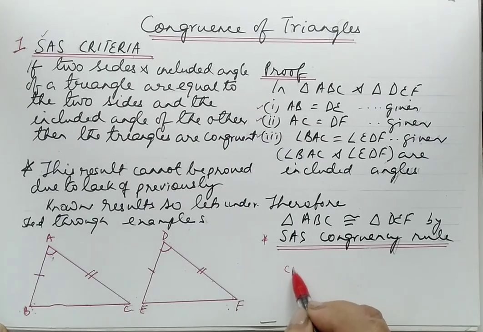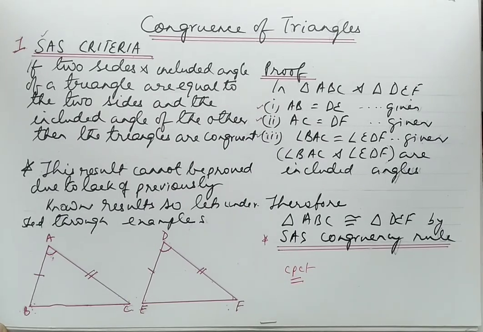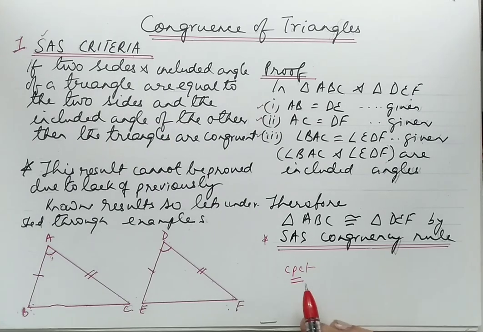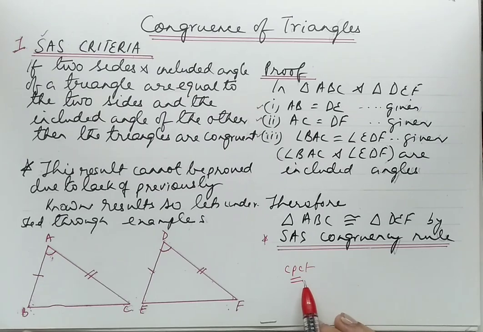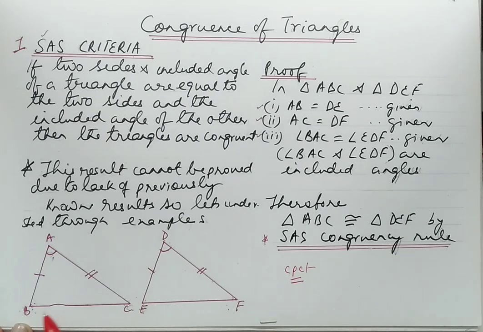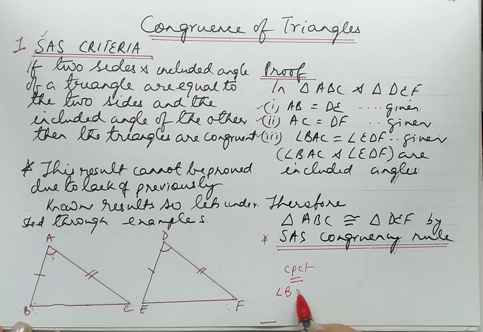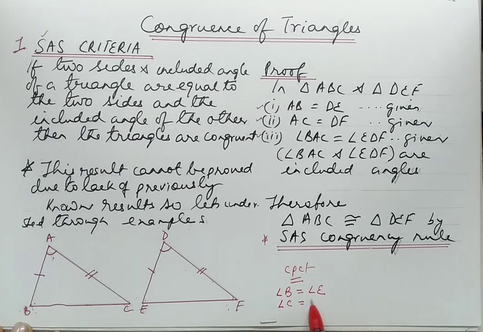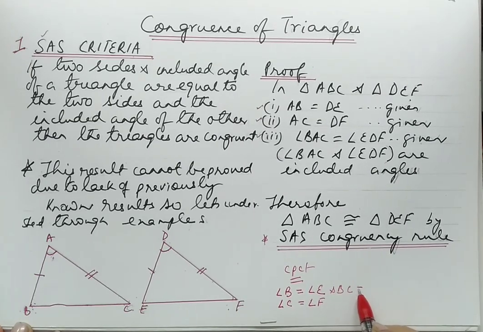That we call CPCT, corresponding parts of congruent triangles. So angle B will be equal to angle E, angle C will be equal to angle F, and BC will be equal to EF.